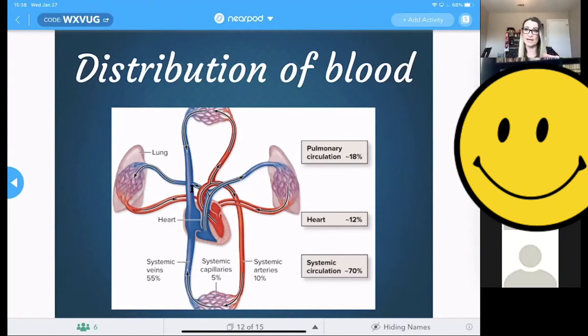This is because veins have the larger lumen, so they're able to accommodate more blood than the arteries with their smaller lumen. You will be looking at the histology file, which, just as a reminder, is in the Science Learning Center in the Anatomy and Physiology resources. That's where the slides are. You have an artery and vein slide. The artery is going to look nice and round and very thick with a small inside. The vein is going to be super squished.